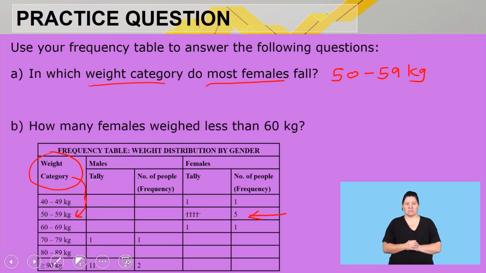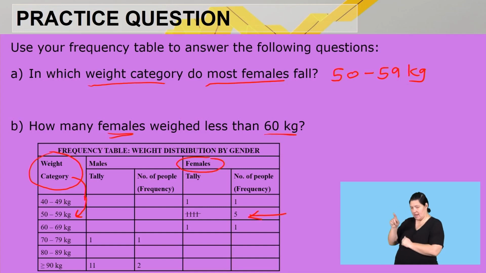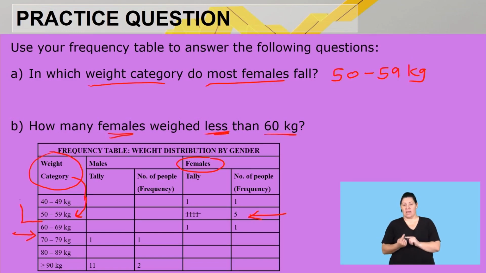It says, how many females weigh less than 60 kilograms? So how many females weigh less than 60 kilograms? Let's go to the females, so I have to work with this part of my frequency table. Then, if you look, here is 60 and more than 60 there. So basically, since it must be less than 60, I'll be looking at the values going upwards, right?